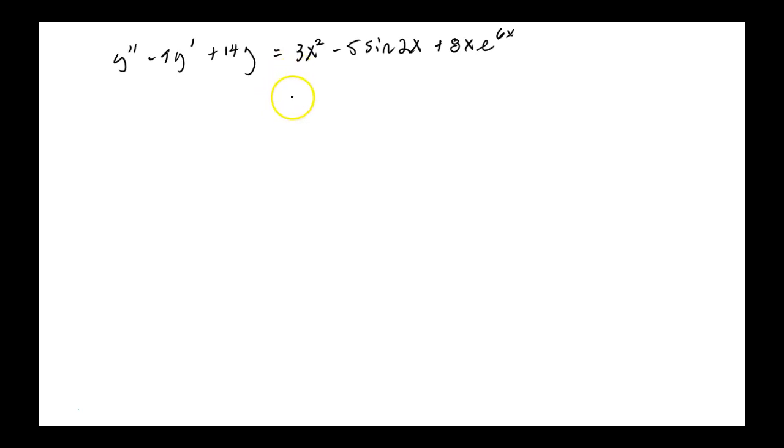What would you suggest? y_p, leave your undetermined coefficients in it. We don't have to determine these at this point. What would it be? Ax squared plus Bx plus C plus, okay, he doesn't follow the book's pattern, that's fine.